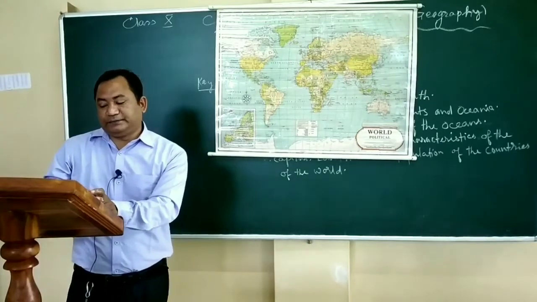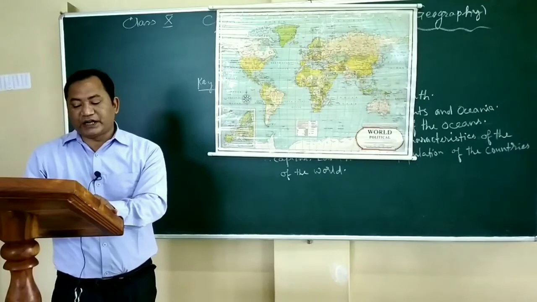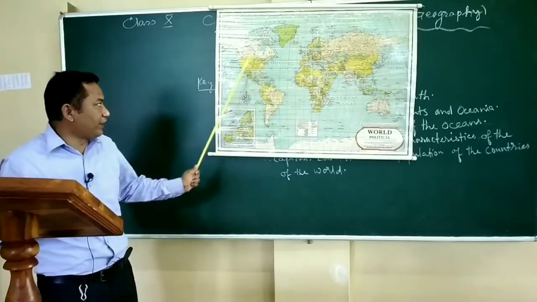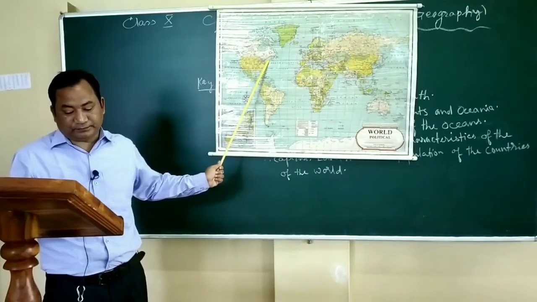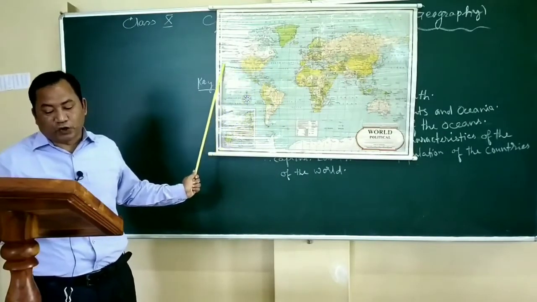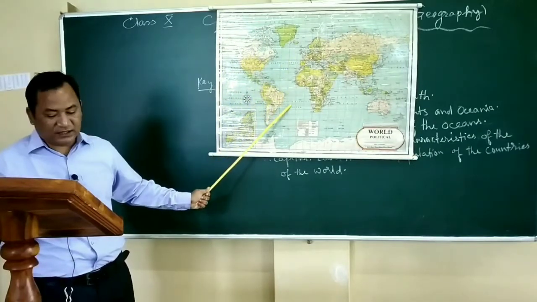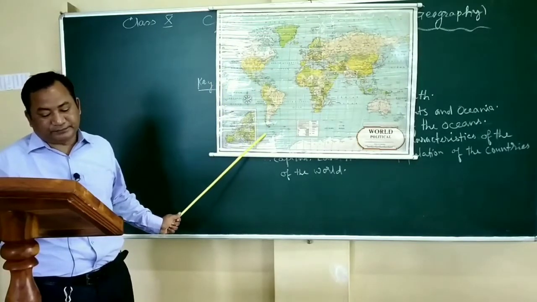On the other hand, among the five oceans of the Earth, which are all interlinked and surrounding the continents, the Pacific is located between Asia, North America, and South America.